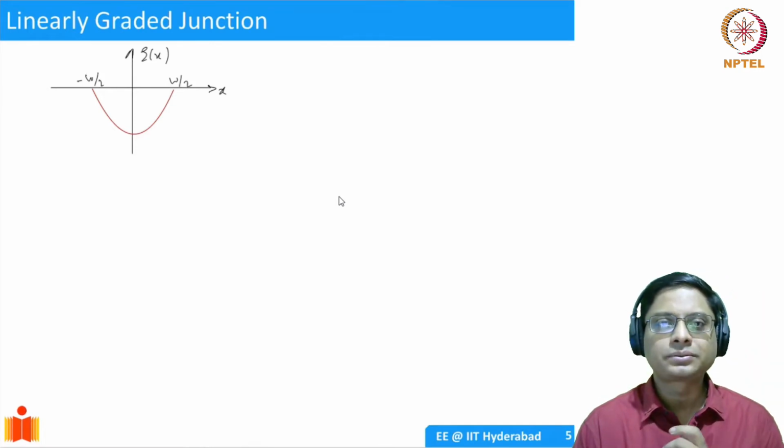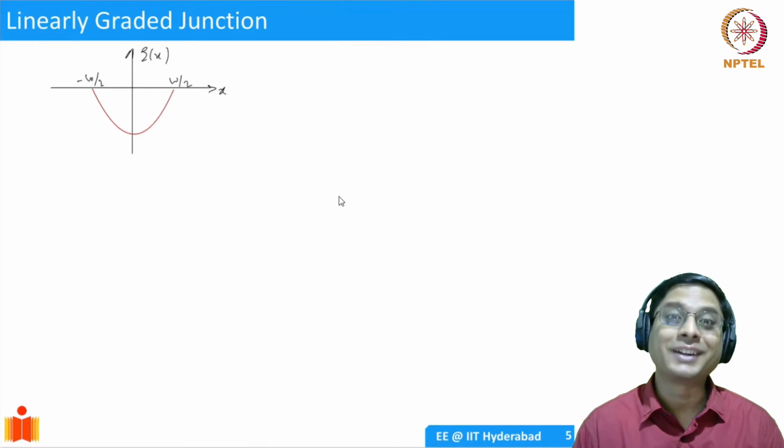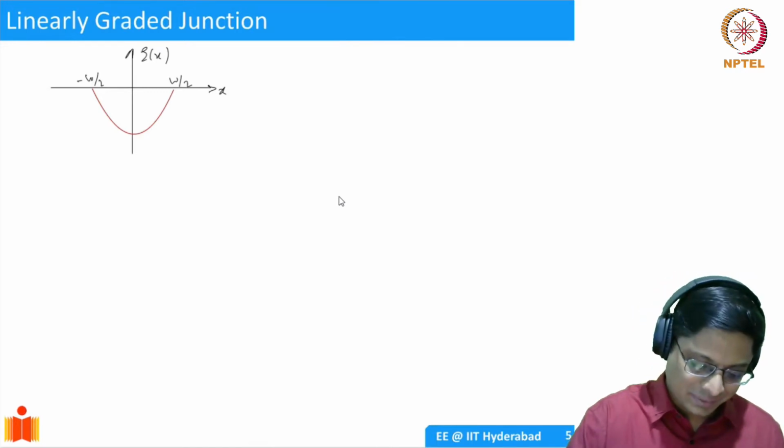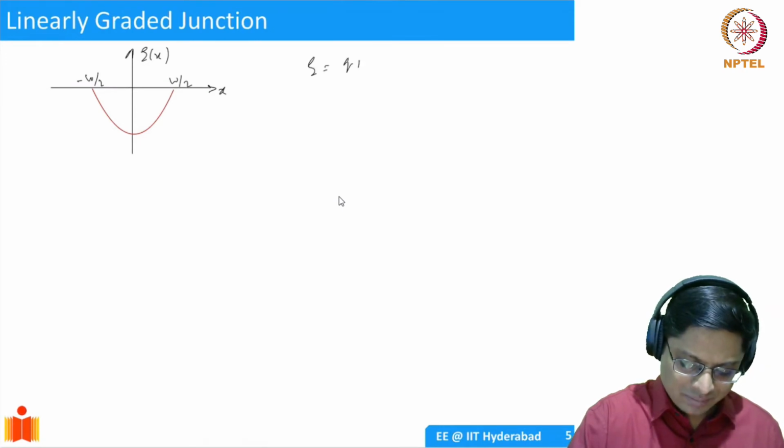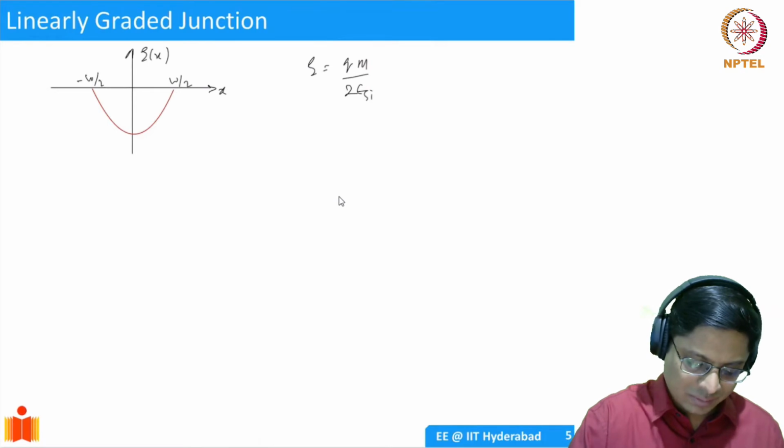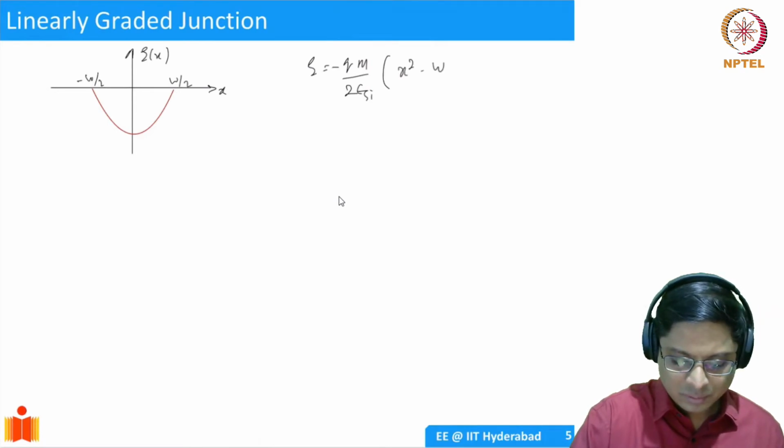All right. So what happens to the potential, built-in potential, right? So let me rewrite this expression. So electric field was Qm by 2 epsilon silicon. There was a minus sign, and then x square minus w by 2 whole square. This is your electric field.